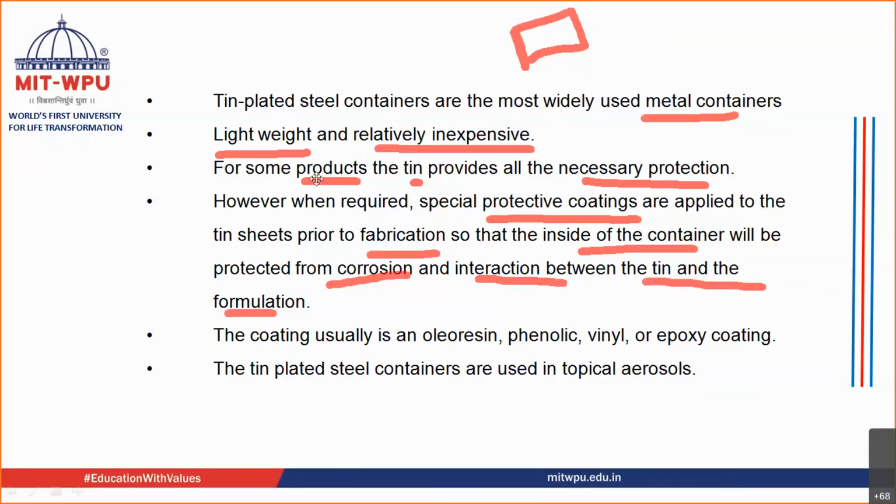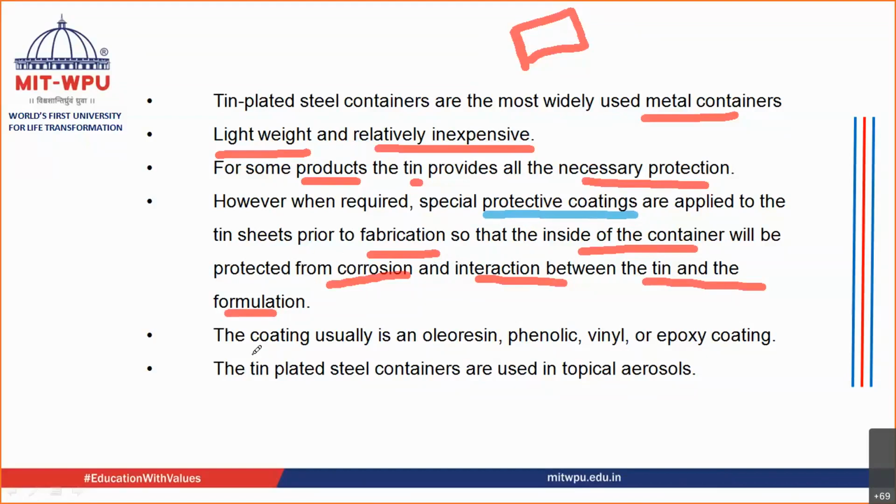As you want to prevent this, you give a protective coating. Most of the metal containers that you are going to see further, that is aluminum also, are given these types of coatings. However, these coatings are not required for a stainless steel container. If you have a stainless steel container, you don't have to give this type of coating.